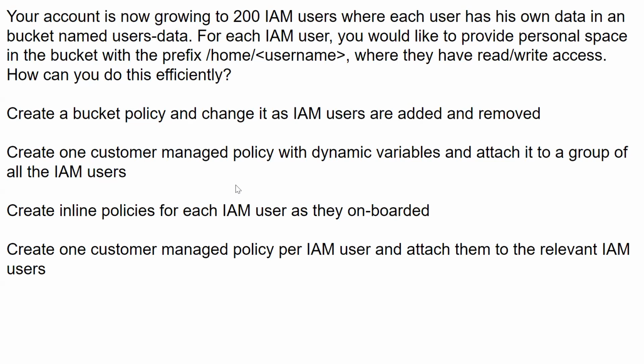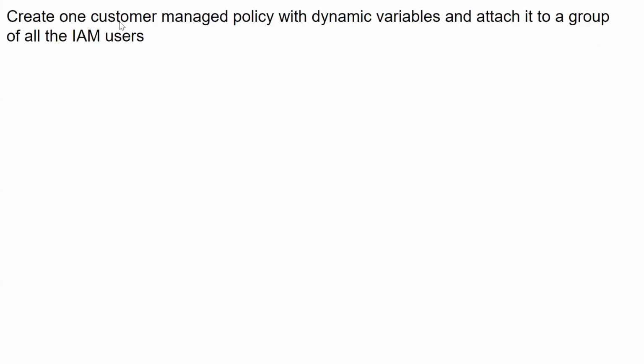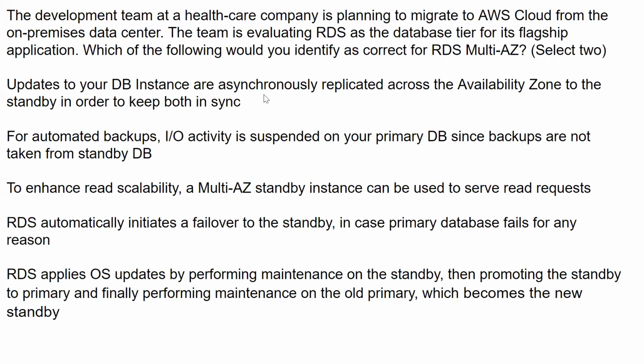Create one customer managed policy with dynamic variables and attach it to a group of all the IAM users. Create inline policies for each IAM user as they are onboarded. Create one customer managed policy per IAM user and attach them to the relevant IAM users. Create one customer managed policy with dynamic variables and attach it to a group of all the IAM users.